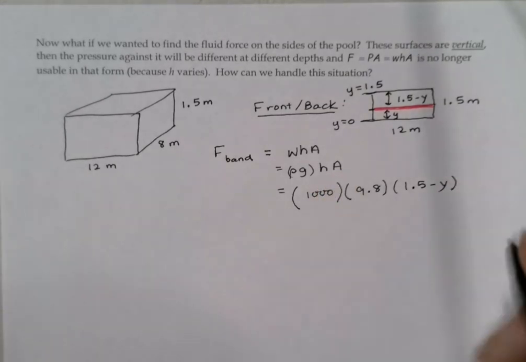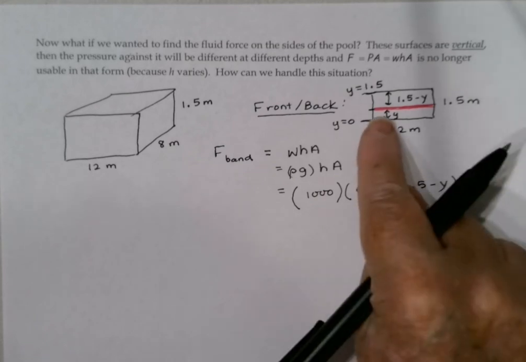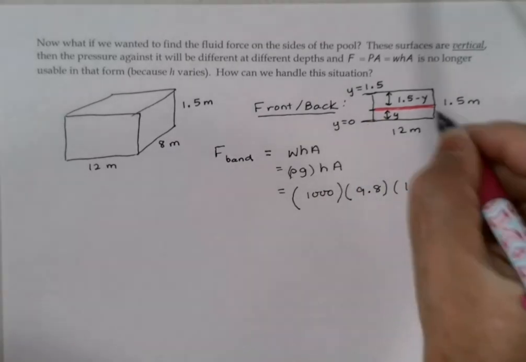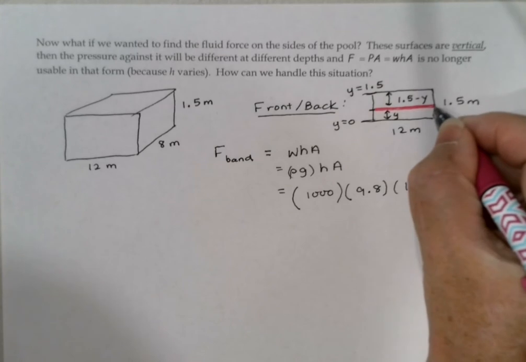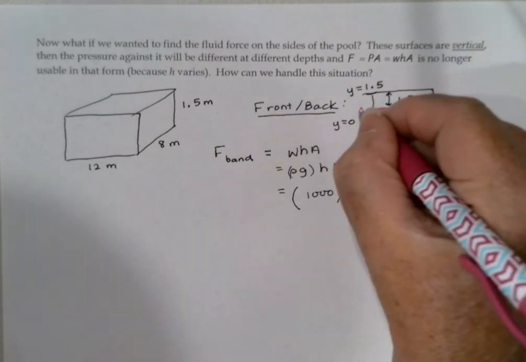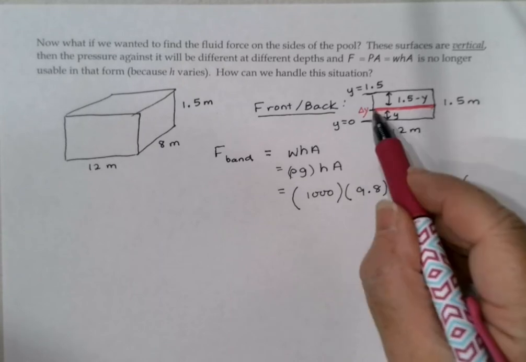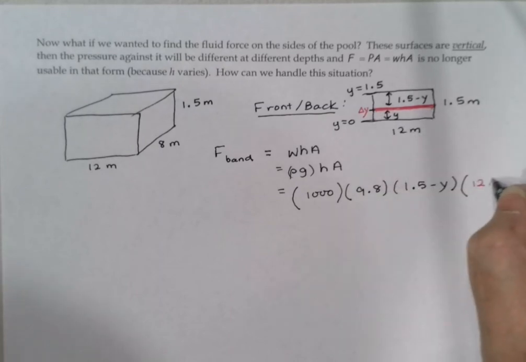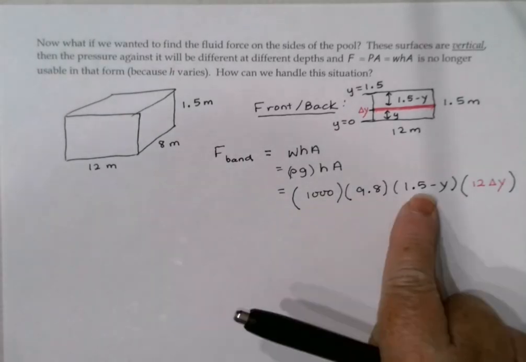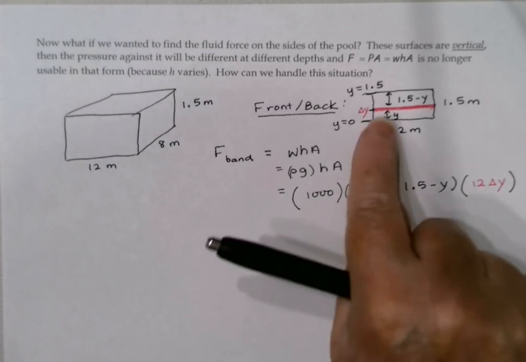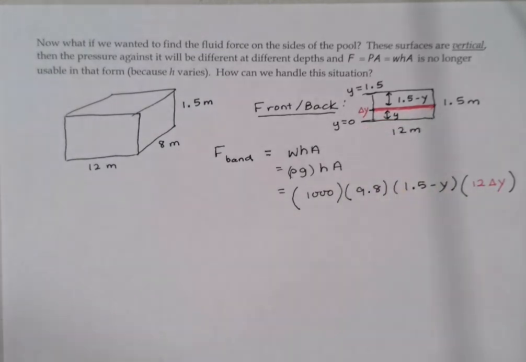And then finally, the area of the strip. We've seen this a lot of times, right? I'll call that little side delta y. So a length of 12 times a width, delta y, will be my area. So there it is, rho g h times the area of just that little thin strip.